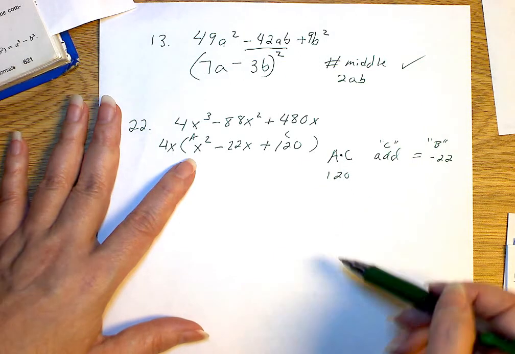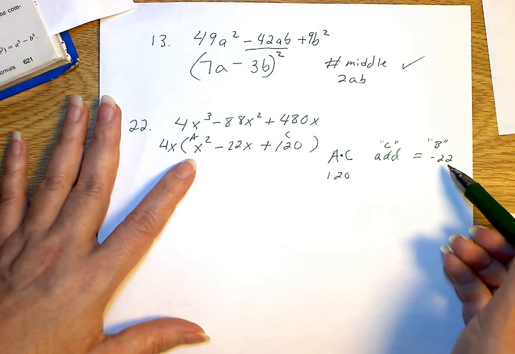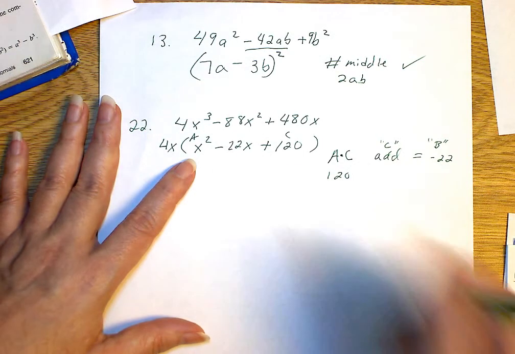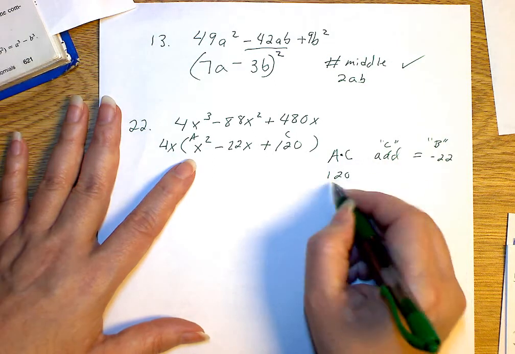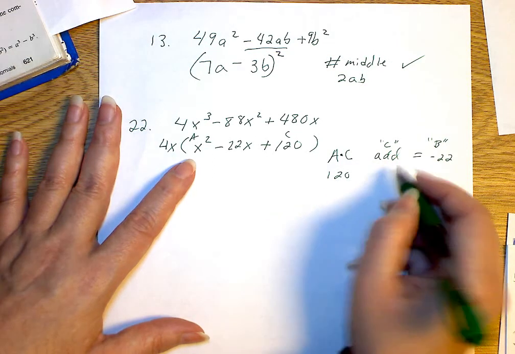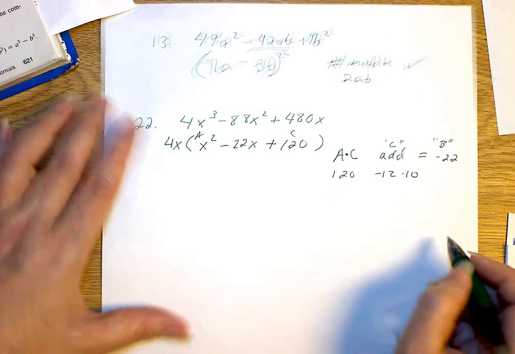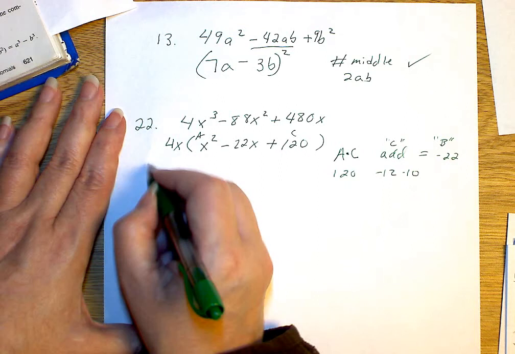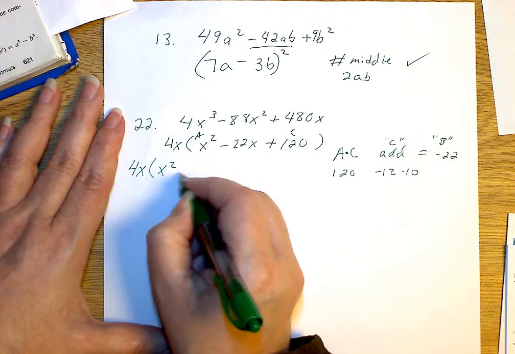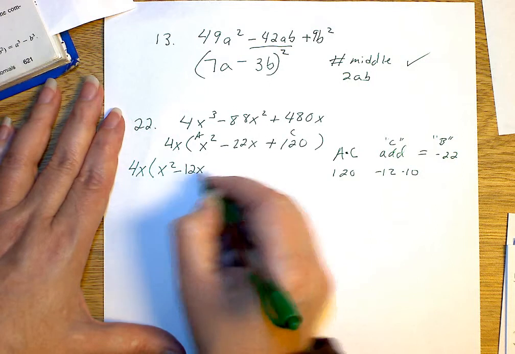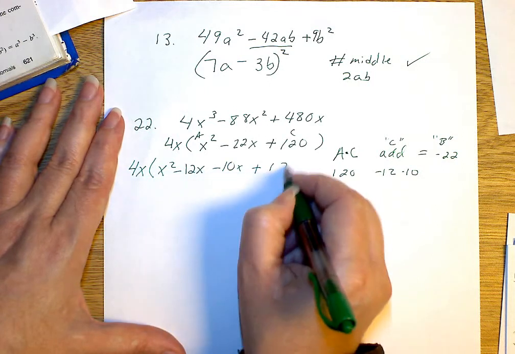If you have all the factors and none of them add to negative 22, then you'd be done with it. But we know that two numbers work. What two numbers work? 12 and 10. So I have to rewrite this using 12 and 10. So I have 4x, x squared minus 12x minus 10x plus 120.